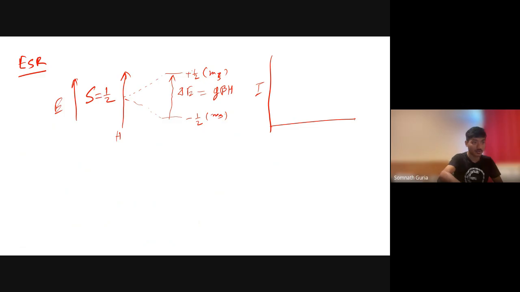We are actually talking about H over here, the field. We are changing the field, and then we are getting this kind of data. If you think of it as an absorbance scale, but in that case we are actually getting a derivative of that absorbance one. That's how we are getting the EPR spectra.